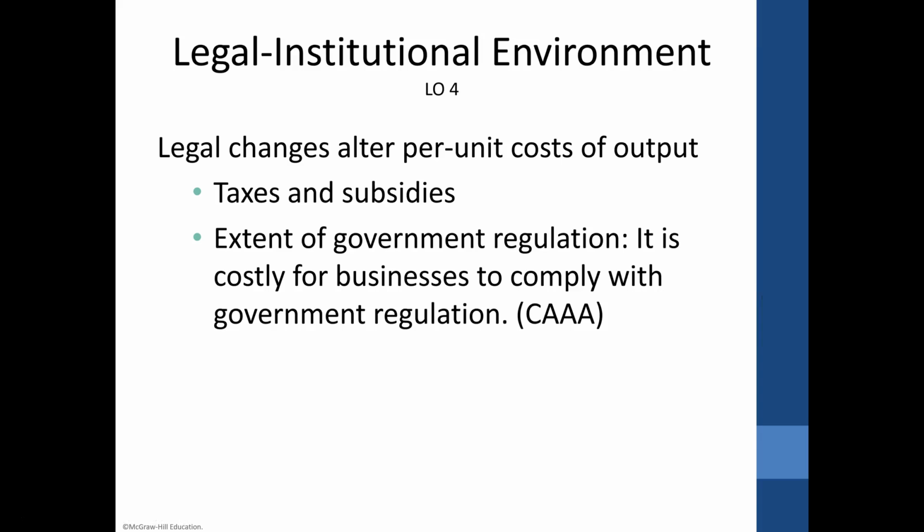Lastly, the last factor or shifter of aggregate supply is the legal institutional environment. So how hard a time the government imposes on the businesses. First one is tax and subsidy. Nobody likes tax. Higher tax increases the cost of my production. Previously, I produced each unit for $1 and sold it for $1.20. I'm earning 20 cents of profit margin.